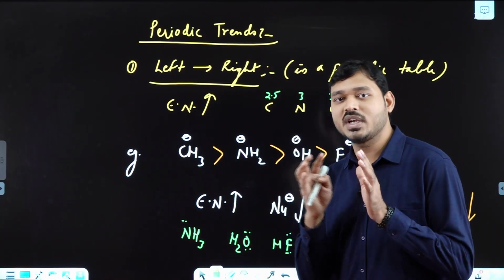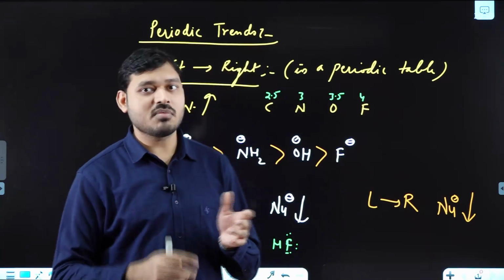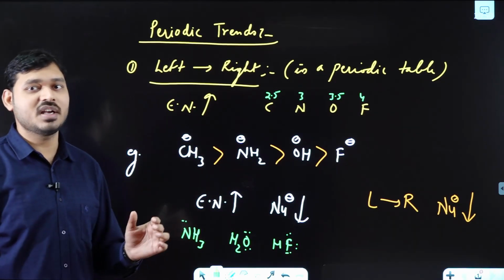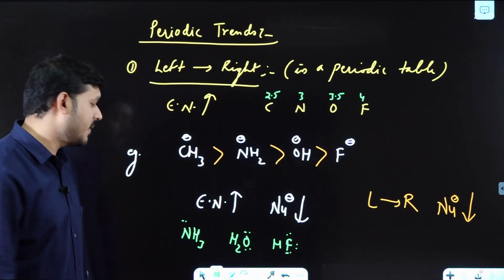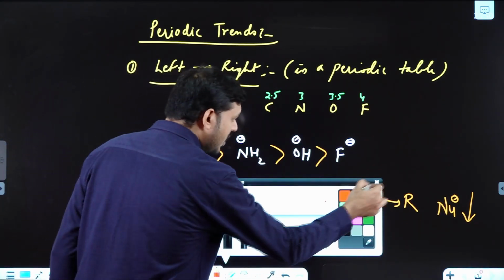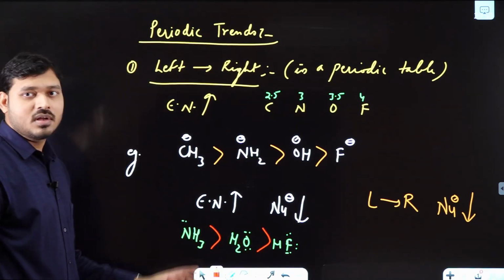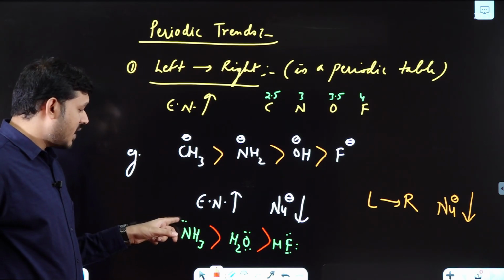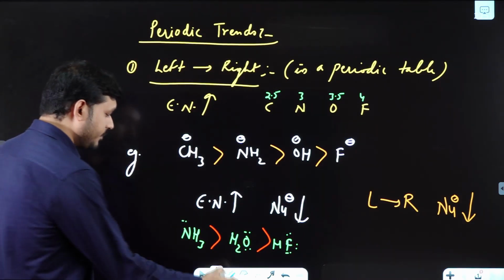So it's not about quantity, it's about quality. Understand this thing. Okay, it's not that it has three lone pairs but it is not capable of giving them, or it does not want to give three lone pairs because this is the most electronegative element. Okay, so always remember, it's not about quantity, it's about quality. So NH3 will be more nucleophilic here or more basic here. You can see nitrogen, oxygen, fluorine. Okay, I think clear to you all.